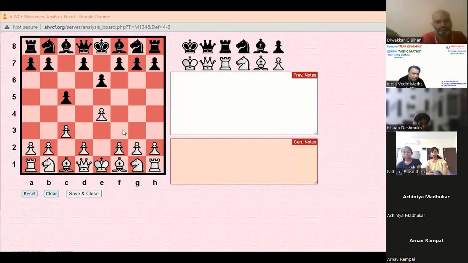Now, suppose this is the position, and white has to move. Where should I do en passant here? Now suppose white moves this, and now black moves this. Black is passing the white pawn without giving white the opportunity to capture, right or not?